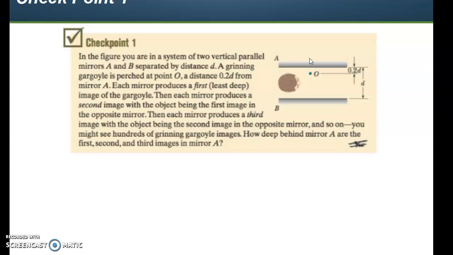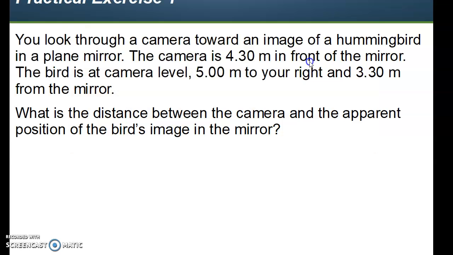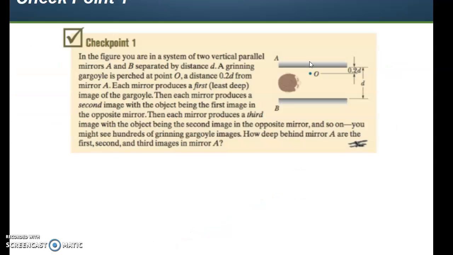Then there's going to be another image in this mirror, and then another one back and forth. I don't know why this keeps wanting to jump forward, unless one of you is controlling that remotely. I hope not. Then each mirror produces a third image. How deep behind mirror A are the first, second, and third images of mirror A?